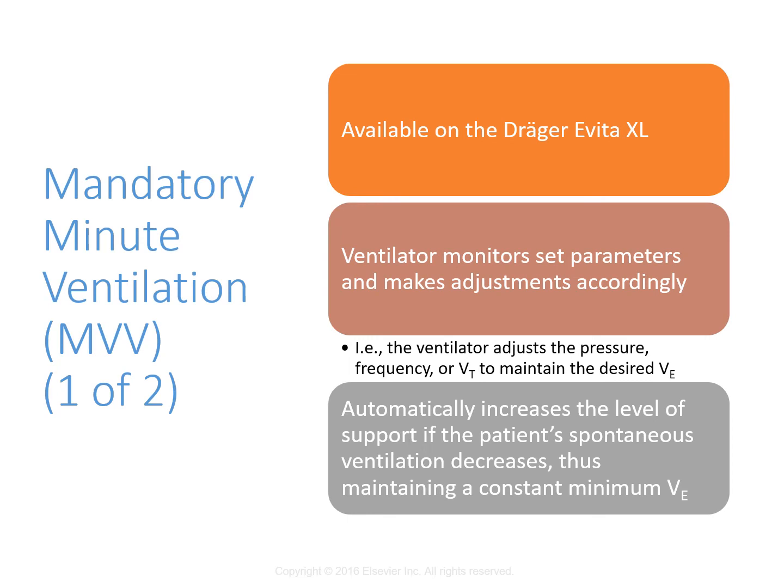So mandatory minute ventilation automatically increases the level of support as their spontaneous ventilation decreases. So it gives them a consistent minimum minute ventilation. So patients who regain the ability to breathe spontaneously can increase their breathing on their own, and the machine will automatically titrate or lower the support without you having to change any vent settings.